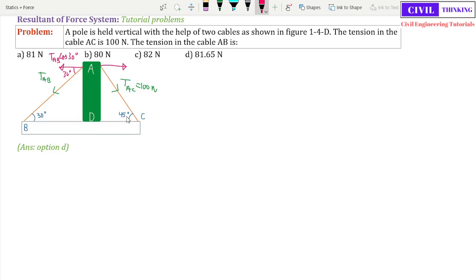Here it is 45 degrees, which means here is also 45 degrees because they are alternate angles. Since it is TAC, the horizontal component of TAC, which is 100, is 100 cos 45 degrees. Now for static equilibrium.